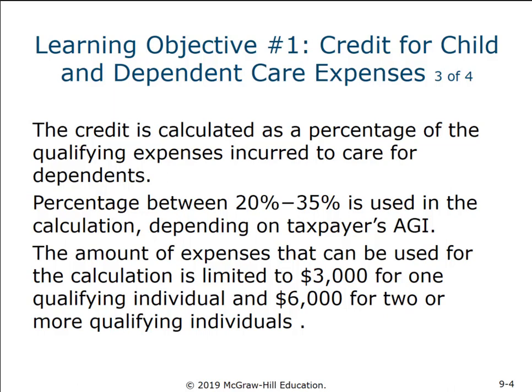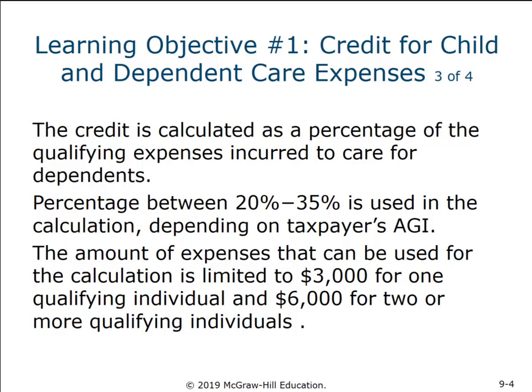All right, now here's what's kind of complicated. You have limits, all right, on how much you use to calculate this credit. And there's three numbers you have to look at. You have to look at the income of the lowest paid spouse if they're married, filing jointly.